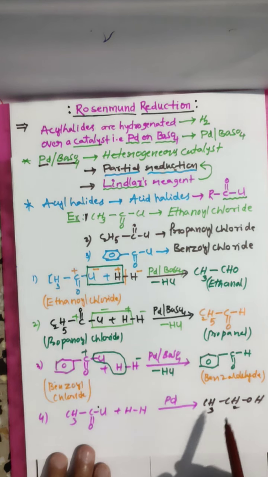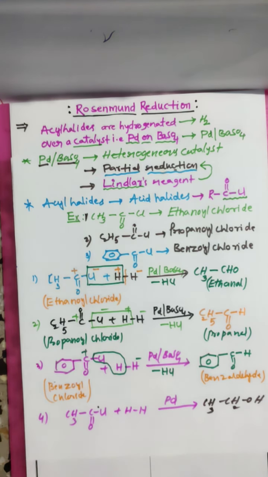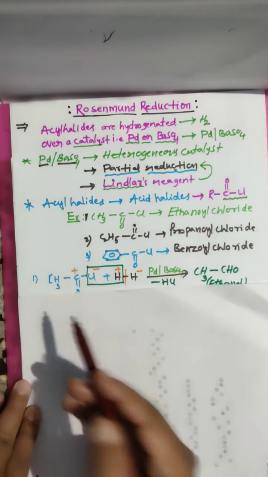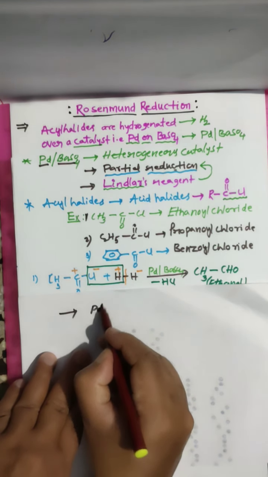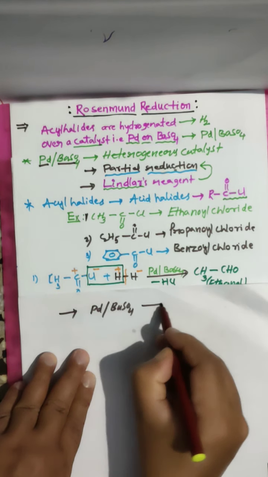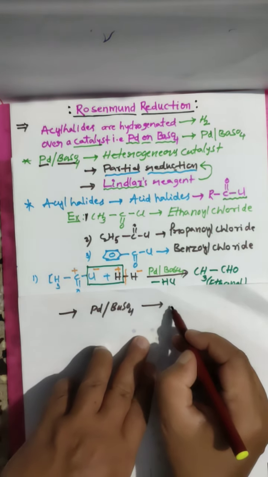Alcohol you are getting. So what is the role of BaSO4 here? BaSO4's role is crucial here. What will it do? Let me explain that. Look here. If you are using palladium in the presence of barium sulfate, partial reduction will take place.